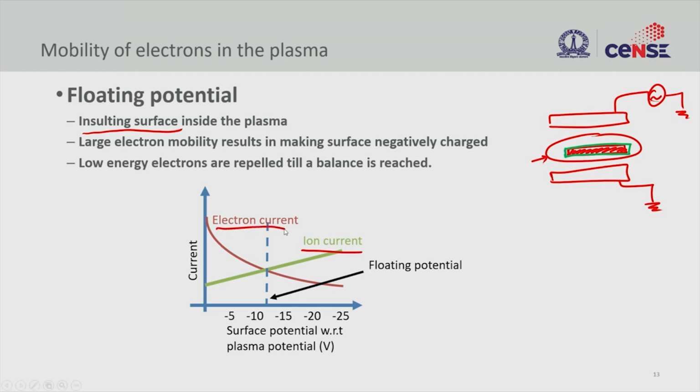But once you reach a certain negative voltage, you start attracting ions. So now these ions are also going to neutralize this and contribute to the potential there. At some point both the electron current and ion current will neutralize each other, and that is what we call floating potential.